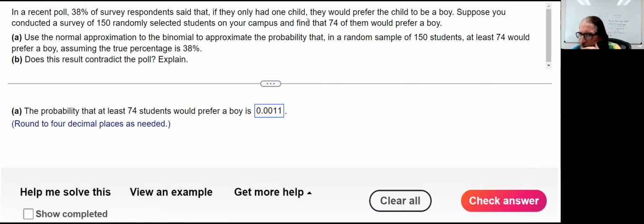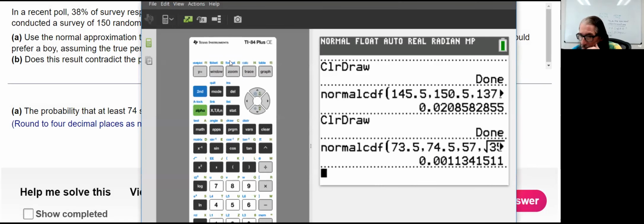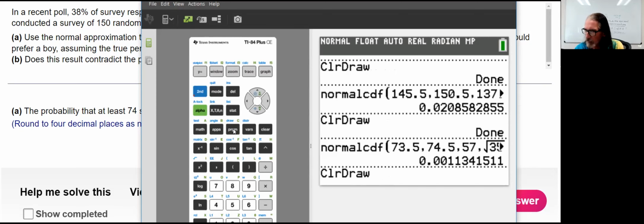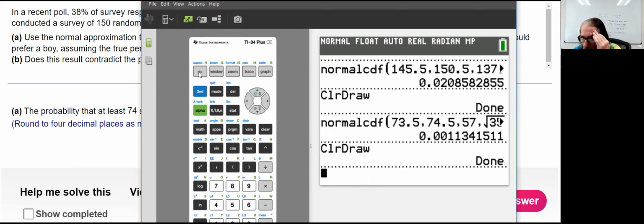Okay, looks to me like they changed the wording. Seems like right here, they're saying exactly 74. Now they're talking about greater than or equal to 74. So in that case, first of all, the drawing, I should be going with that continuity correction, half unit left, 73.5.